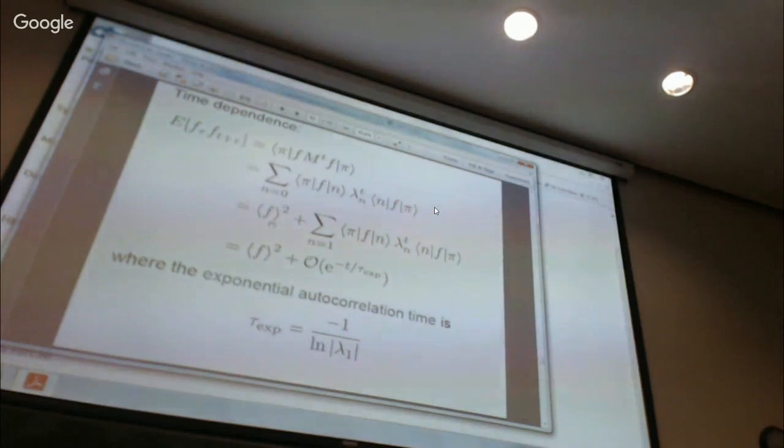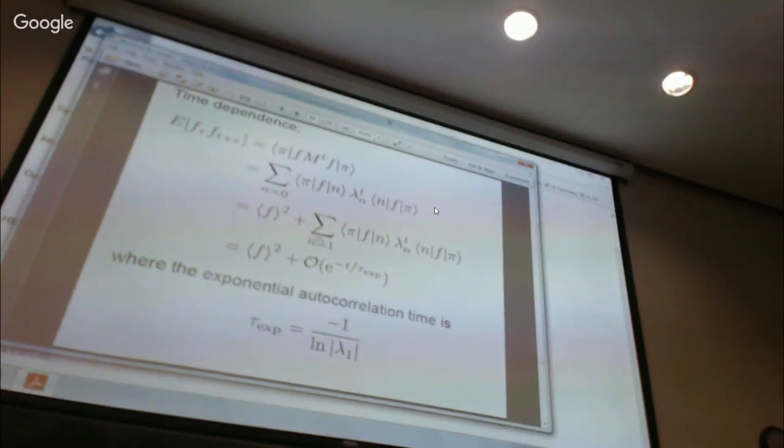All other eigenvalues have to have smaller modulus. If I look at the n equals 0 term in this sum, I know that lambda is equal to unity, and that's what gives me this first term here, which is what I would have gotten had these two things not had any correlation between them.